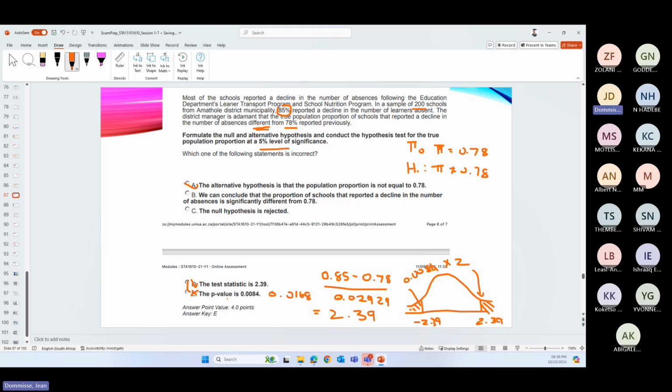Okay, so that is the wrong one, the p-value, because again, not equal means that it is two-tail. Two tails mean on the one side, we've got the 0,0084, but there's 2 of them, so it is multiplied by 2. Okay, so that is the p-value.